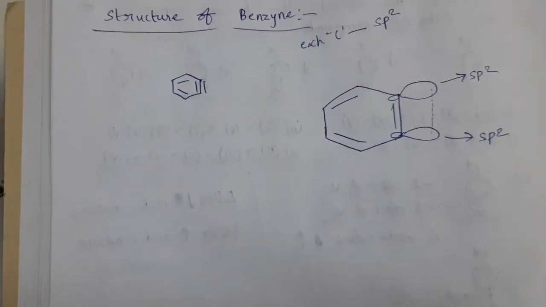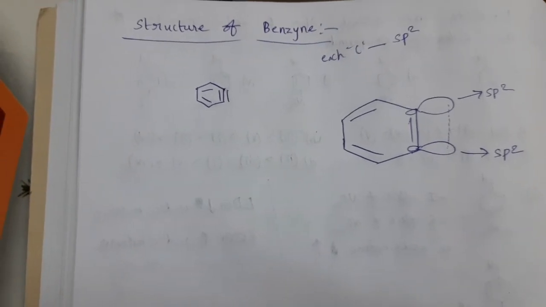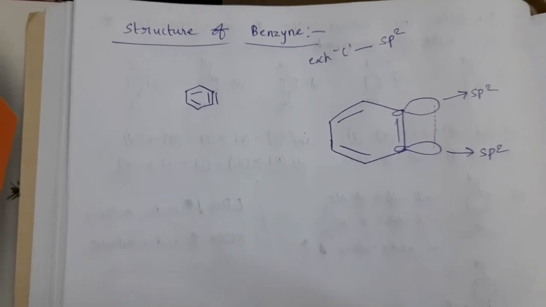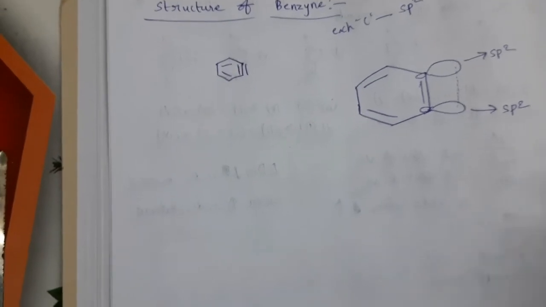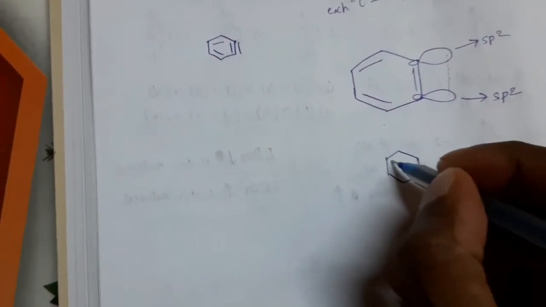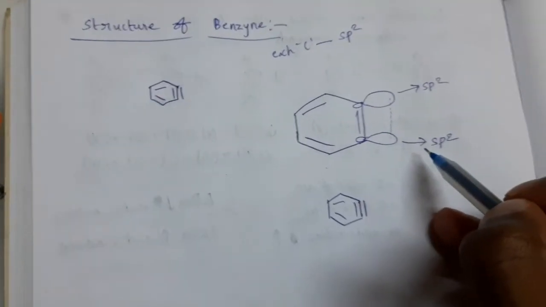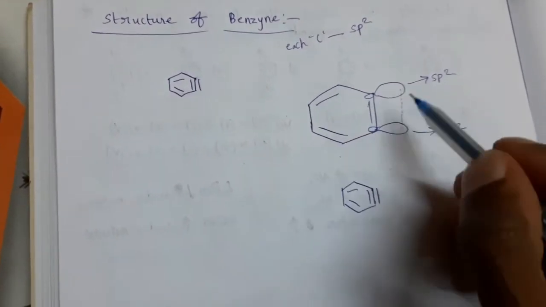In benzyne, 2 sp2 hybridized orbitals are not in the same plane as the remaining molecule. So these 2 orbitals undergo partial, sideways overlapping and form a pi bond, that is this one. This overlapping is in another plane compared to the remaining molecule.